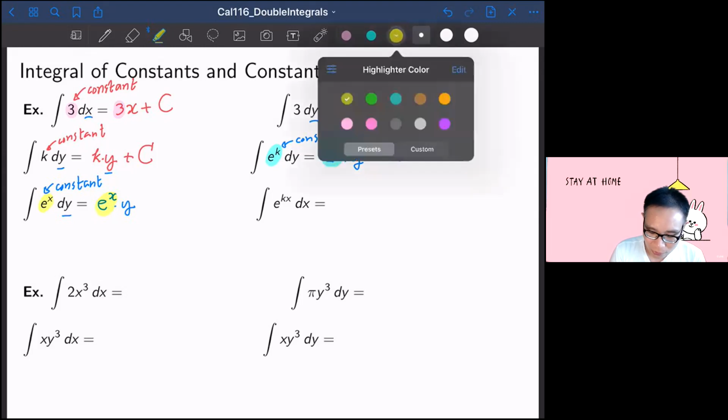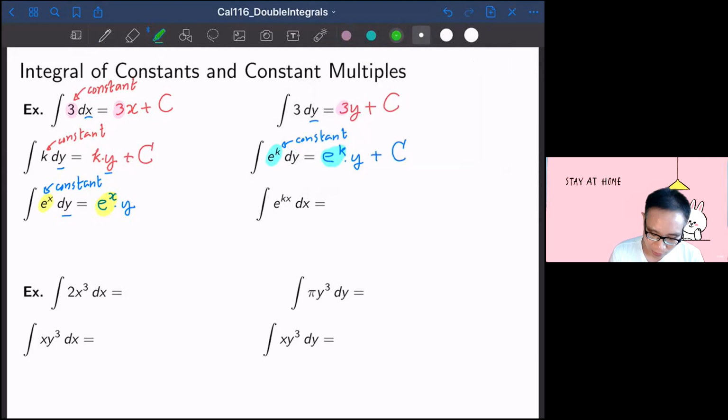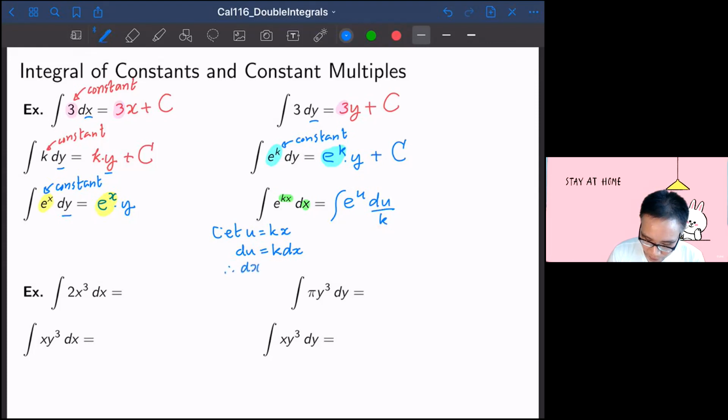For the next one, you see it's going to be e to the kx. For this guy, you see that it's not constant because you have x here and you have kx here. So this one is going to be substitution. You're going to let u be kx, and you have du equal to k dx. So dx will be du over k.